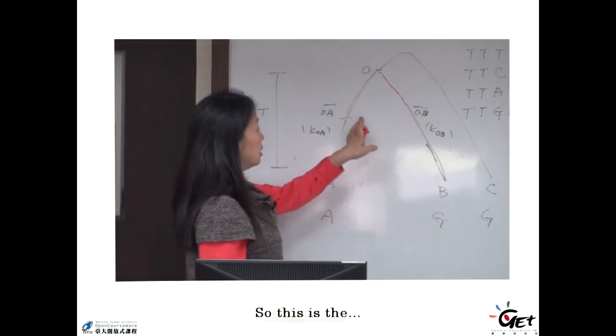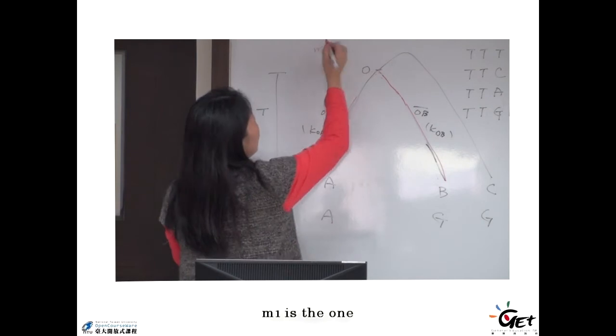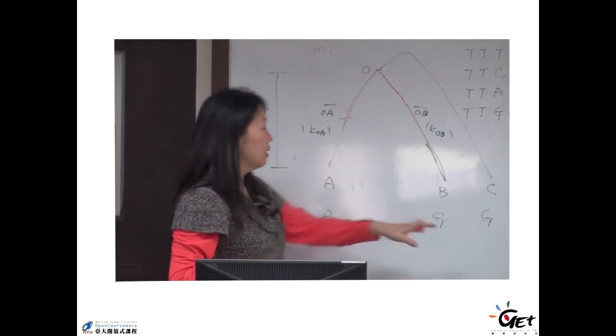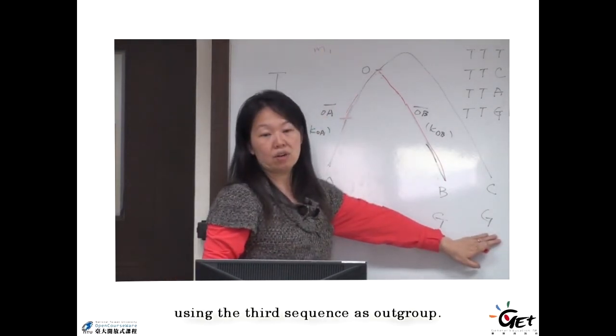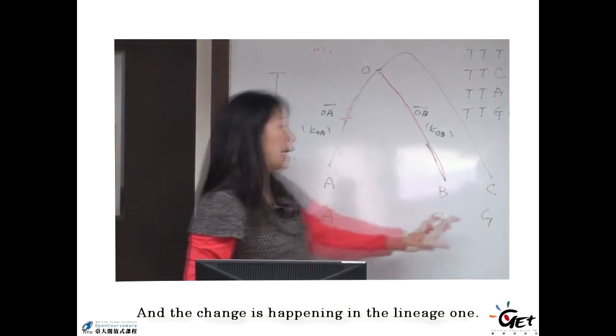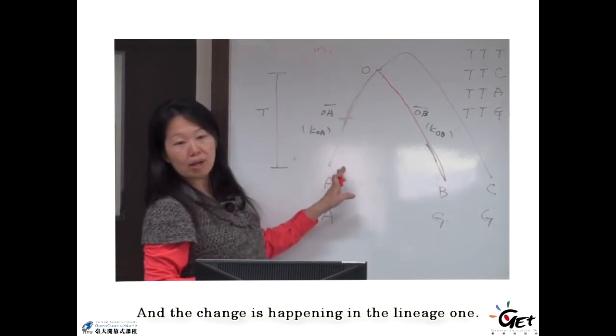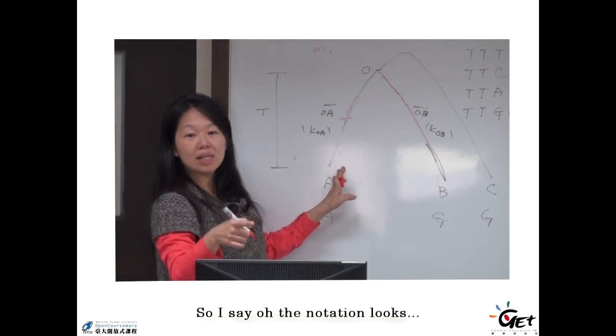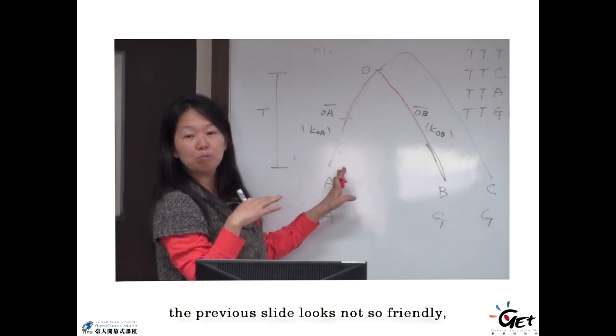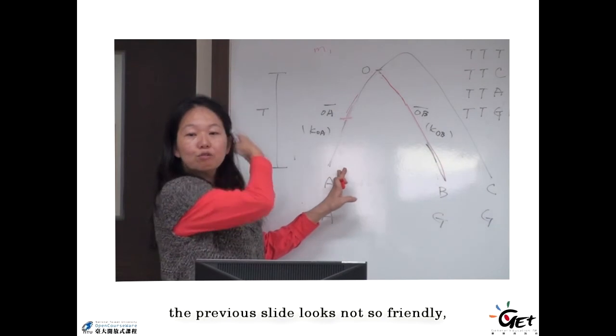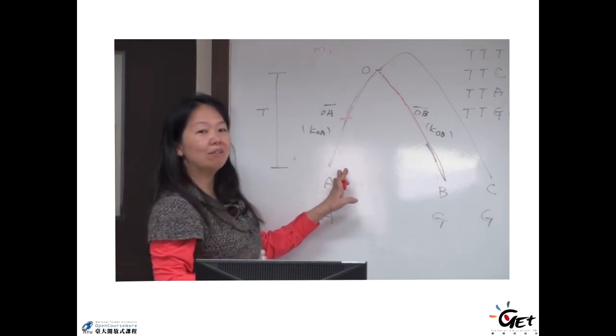So M1 is the one using C, the third sequence, as the outgroup, and the changes happen in lineage 1. That's M1. So I say the notation in the previous slide looks not so friendly, and this slide you haven't really tried.